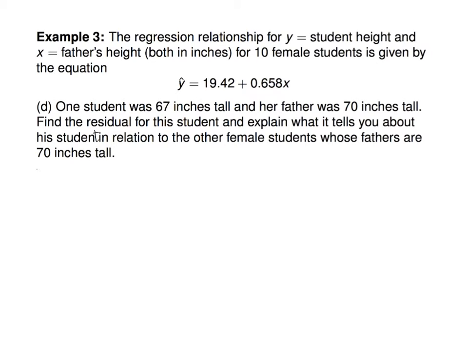So the residual, recall this is y minus y hat. And in this case, the y is 67 because that was an actual measurement. Minus from the previous part of this problem, 65.48, that's the predicted value, is 1.52. And just think the 65.48 from the previous part was the average. Is this person above or below average? And the answer is above.